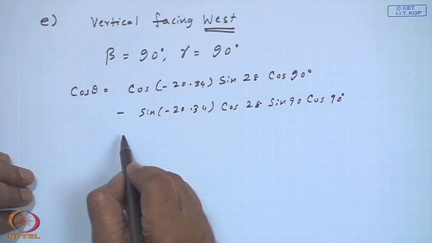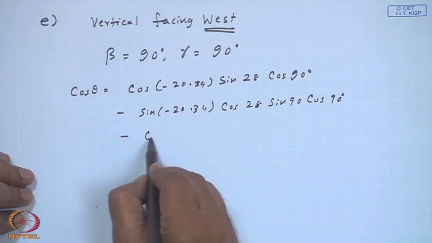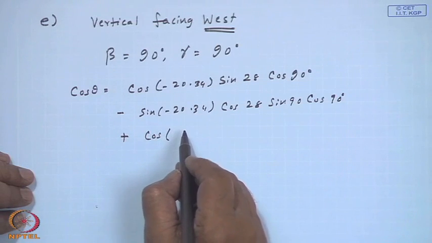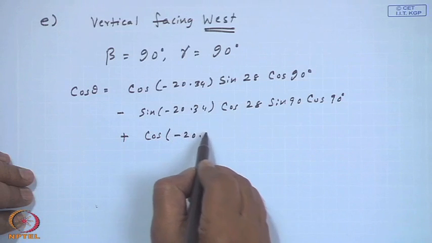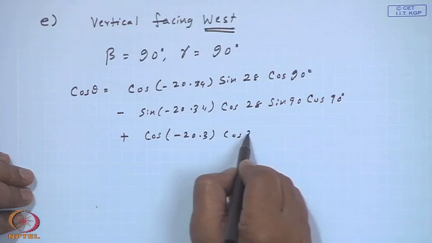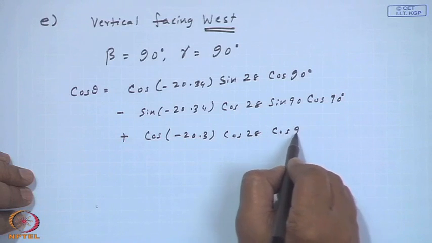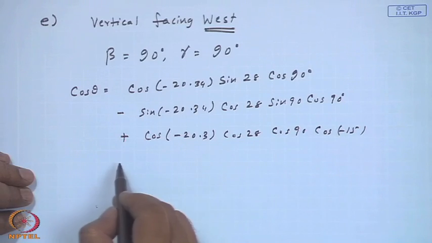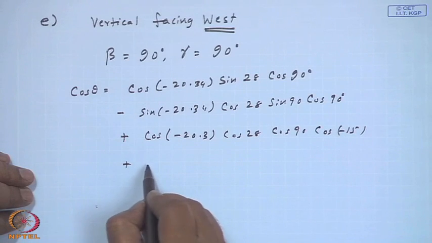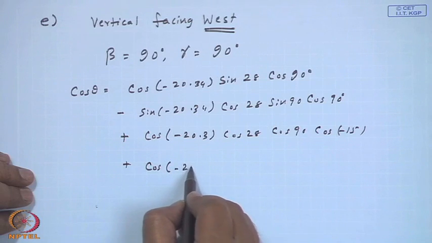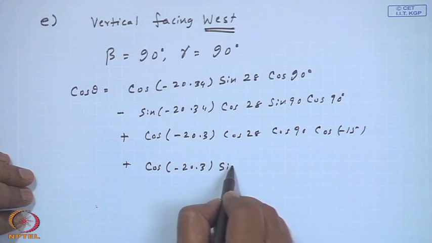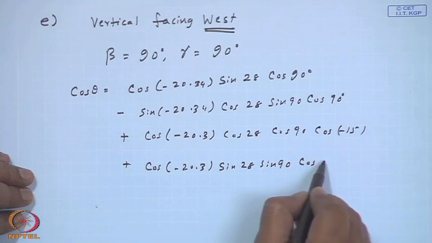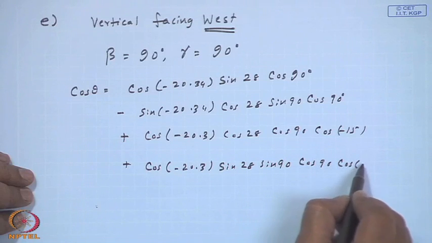You check up with your original equation, minus cos, probably this is plus, I think you can just check it up, cos minus 20.3 cos 28 cos 90 cos minus 15, plus cos minus 20.3 sin 28 sin 90 cos 90 cos minus 15.